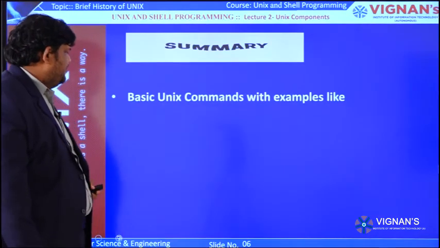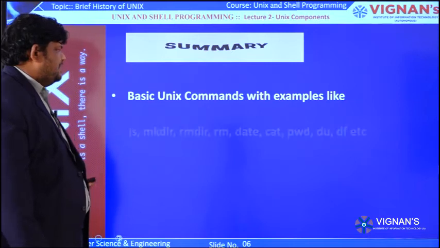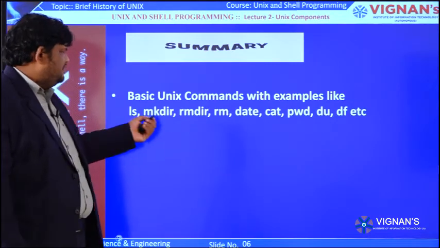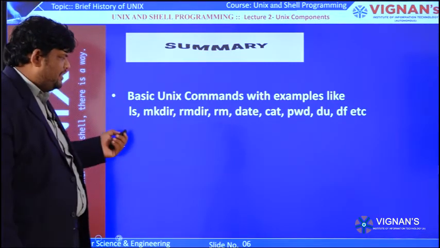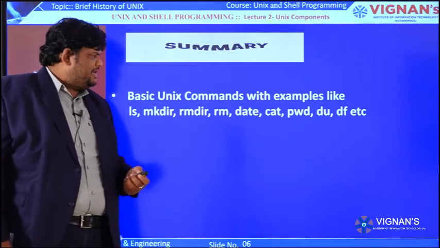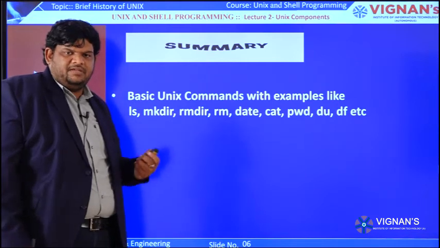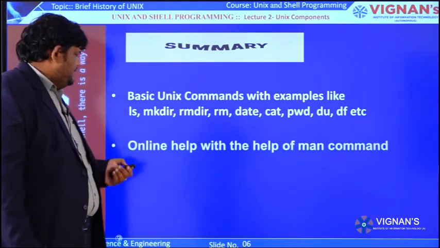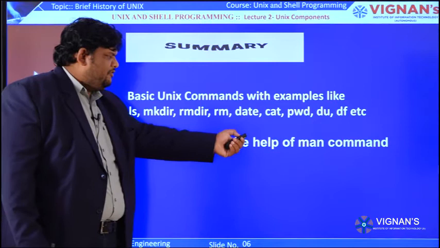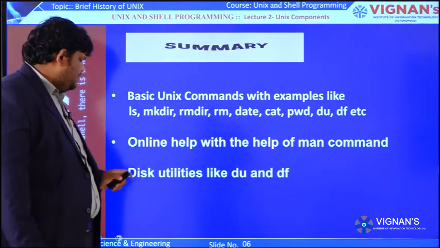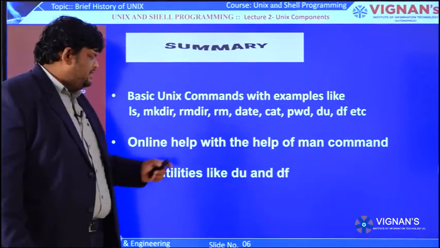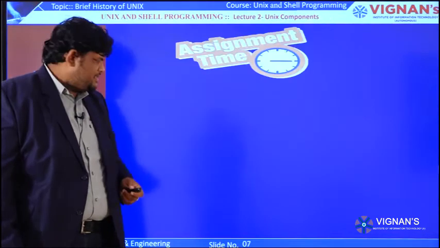Now, welcome to the summary. We already discussed basic UNIX commands with all examples. We covered these commands: ls, mkdir, rmdir, rm, date, cat, present working directory, disk usage, disk free, sort command, like that. Online help with the help of the man command. We already saw disk utilities, disk usage and disk free.